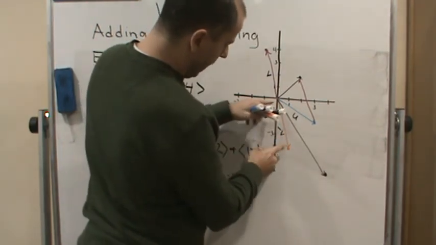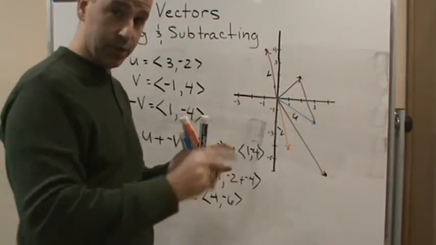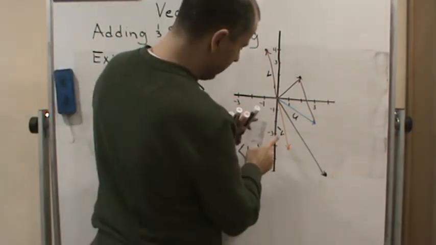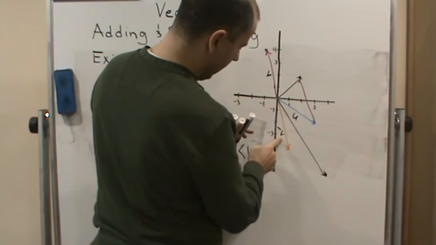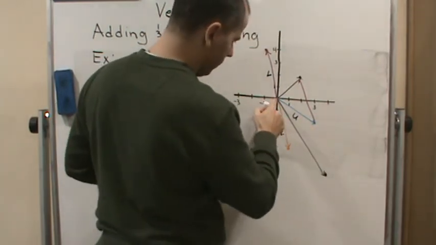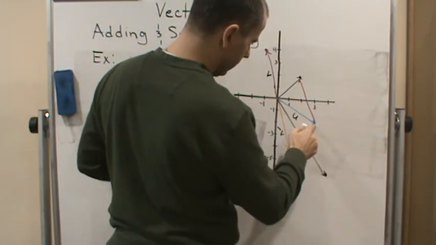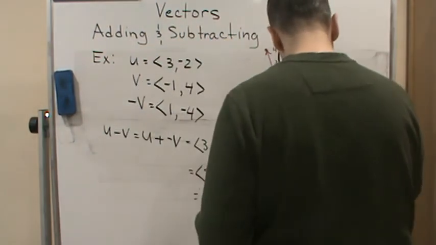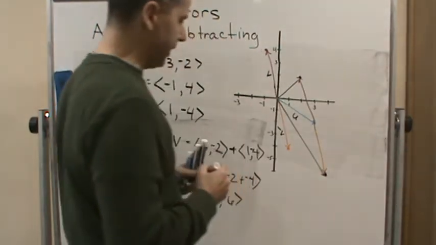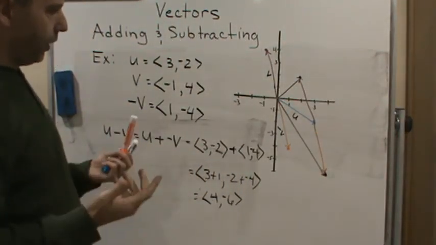So when you add vectors, you go from tail to head, tail to head. So if I take this negative vector here and I slide it down to the end of this arrow here, well, what do I get? I get that. So it works, right?